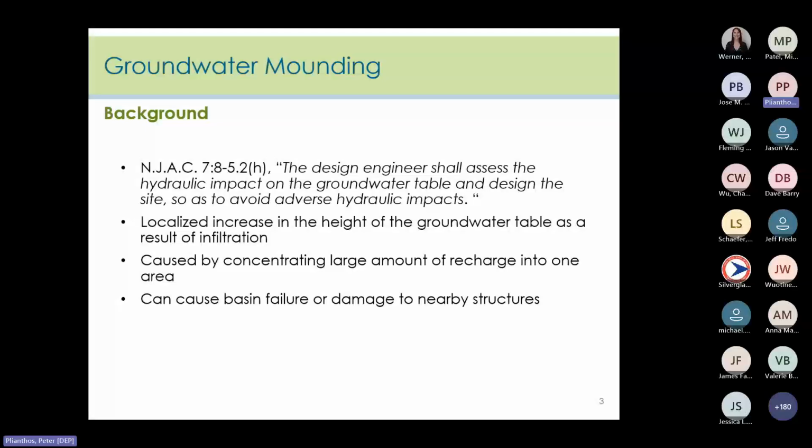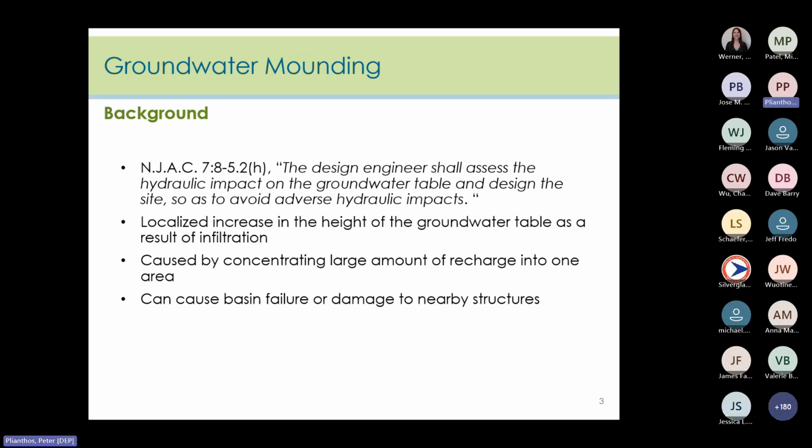When we force a concentrated amount of water into one area, we get mounding. This increase slows down the ability of the basin to infiltrate, so we can have problems if this increase is large enough to slow down the rate of infiltration beyond our 72-hour window, or from repeating the slowing down over and over, the basin can experience failure.